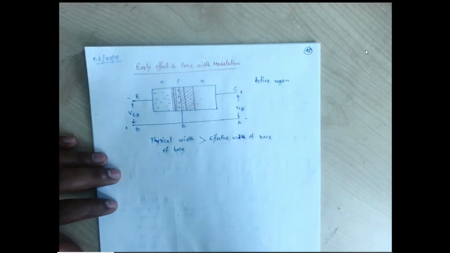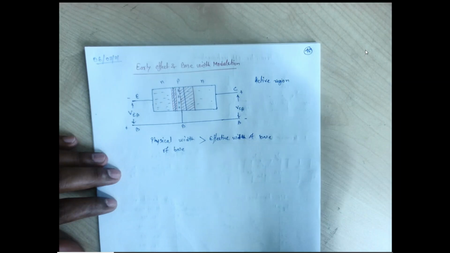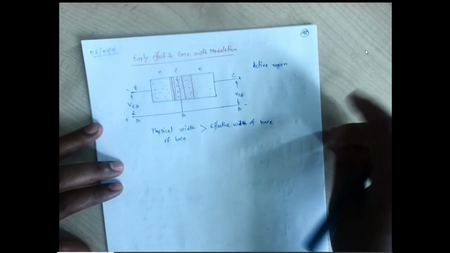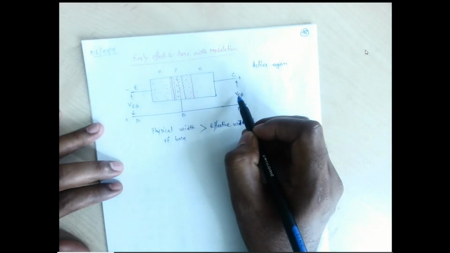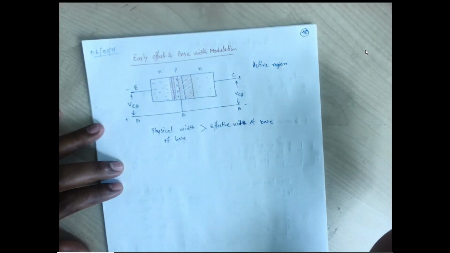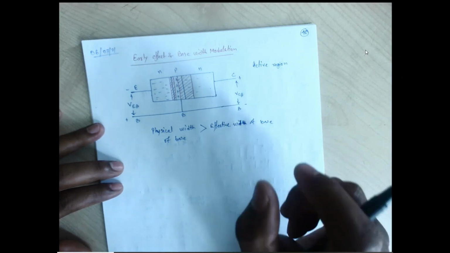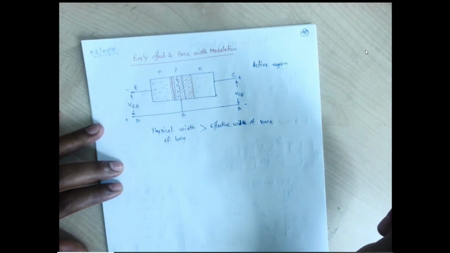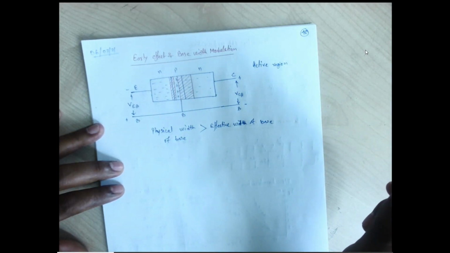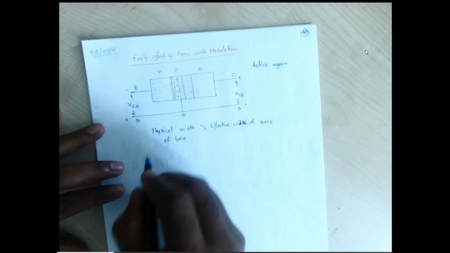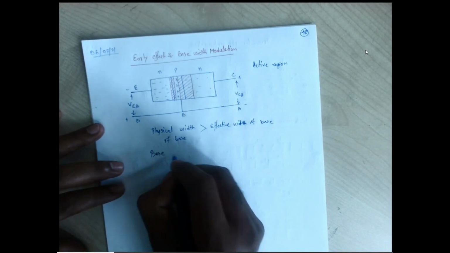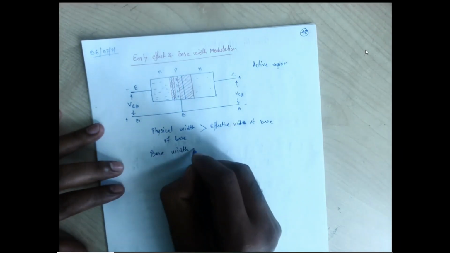So what does it mean? With the application of biasing voltages, reverse bias in the collector base junction and forward bias in the emitter base junction, the base region width decreases. So that is what is known as base width modulation.